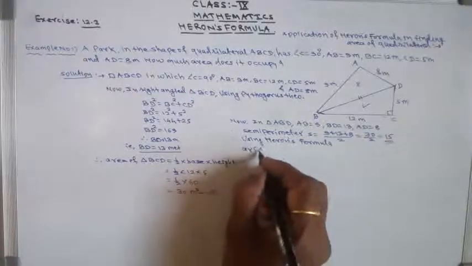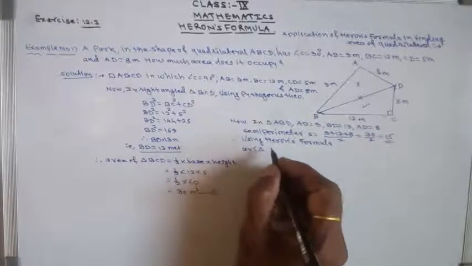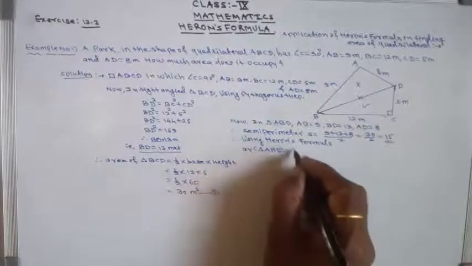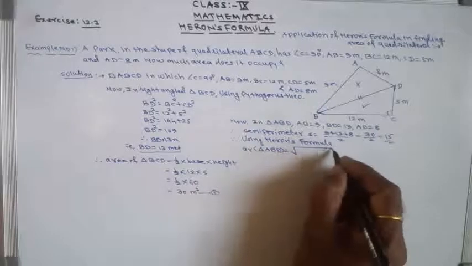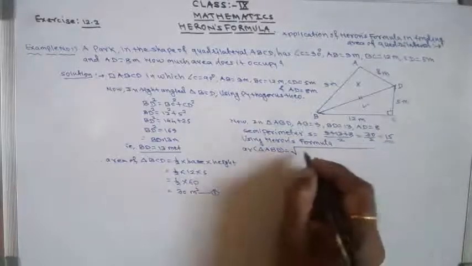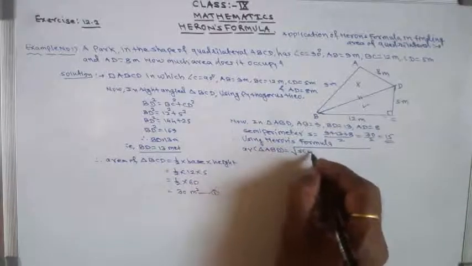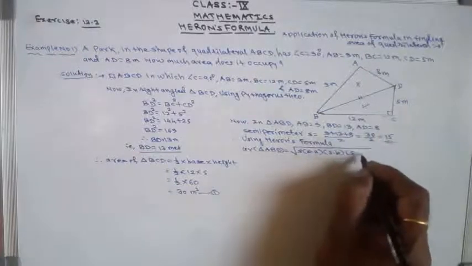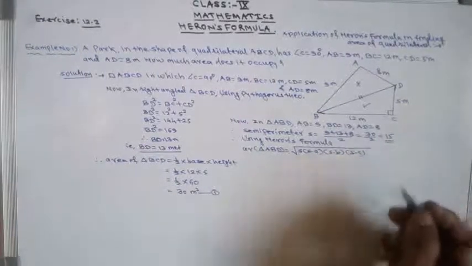area of triangle ABD equals under root s into s minus a, s minus b, s minus c. Now just put the values.